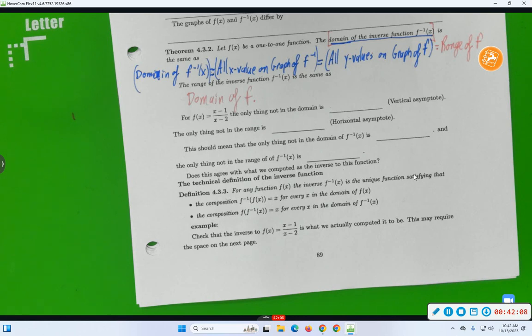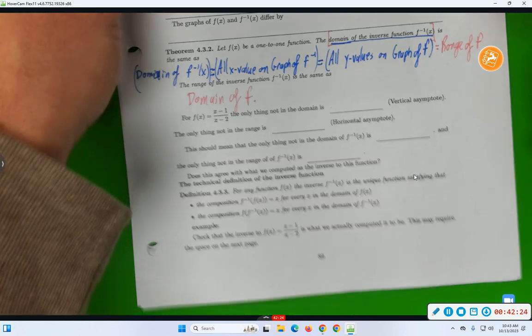So if someone hands you a function and they say, here's a function, and here's something that I believe is the inverse, and you want to verify it, you just need to check these compositions are both x. Let's see that in practice for one example. Let's think about the example we just found.